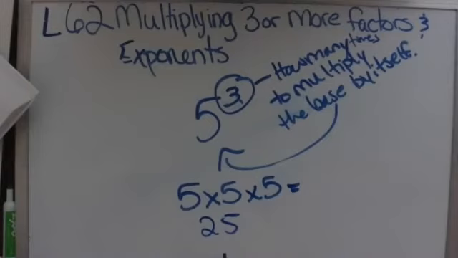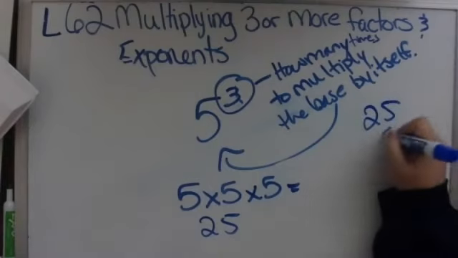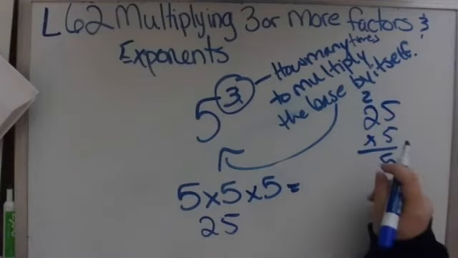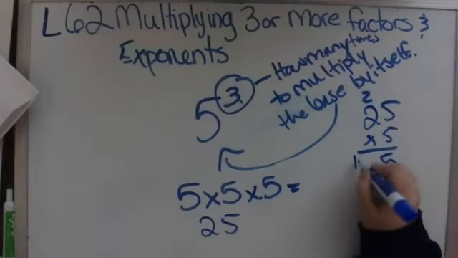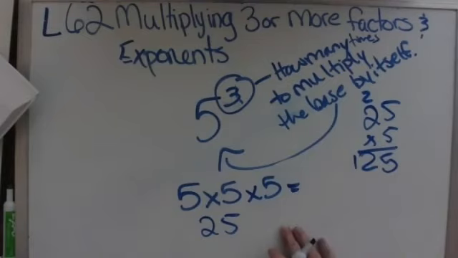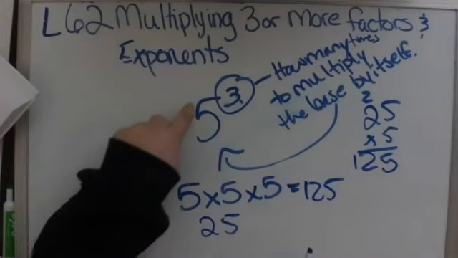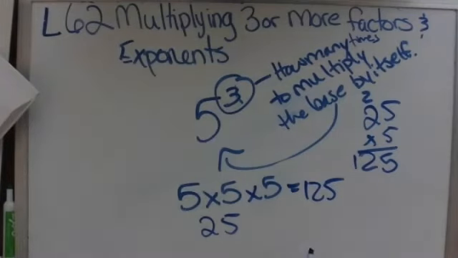That's where this starts to get really big. So 25 times 5, I'm going to do it up here. 5 times 5 is 25. 5 times 2 is 10, plus that is 12, 125. So this would be 125, which is 5 cubed, or 5 to the power of 3.